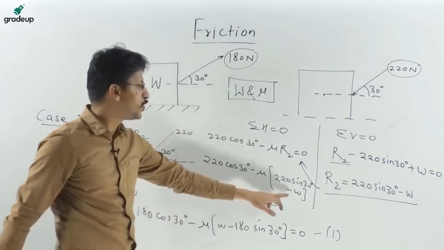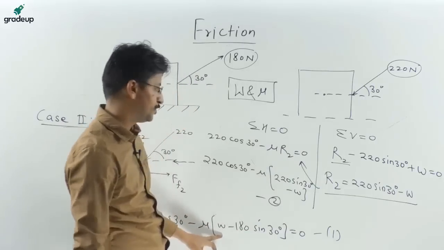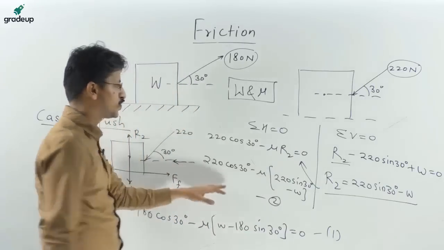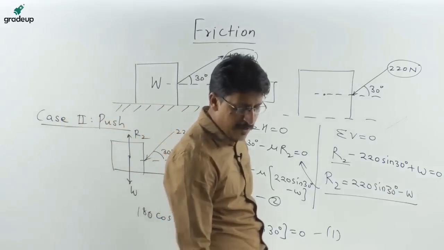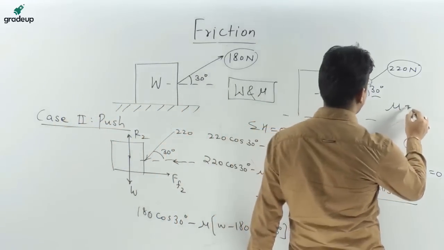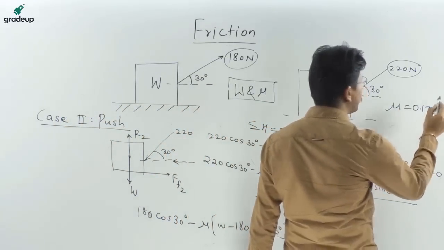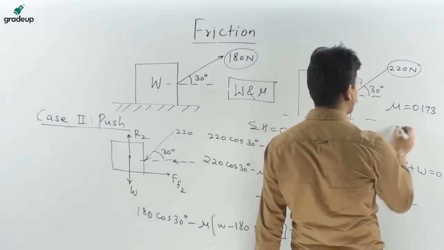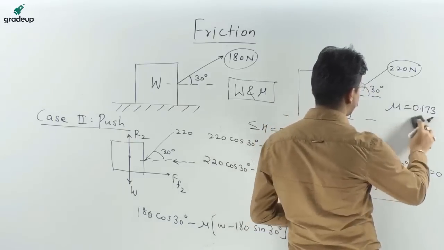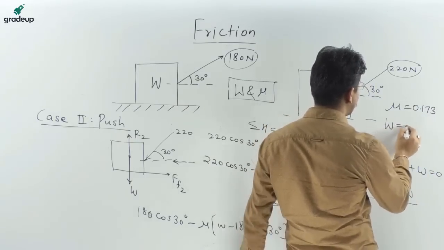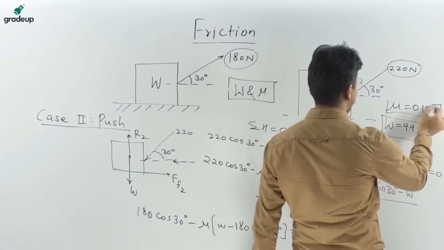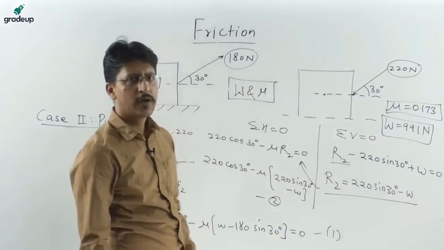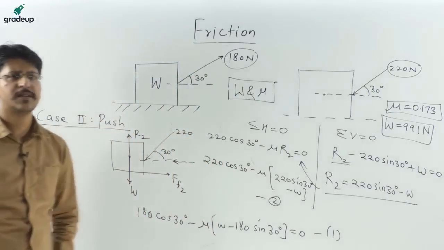This equation also has mu and W, this equation also has mu and W. Just solve these two equations, two unknowns, and you should get the value of mu as 0.173 and the value of W as 991 Newton. These are the two values that you must get.